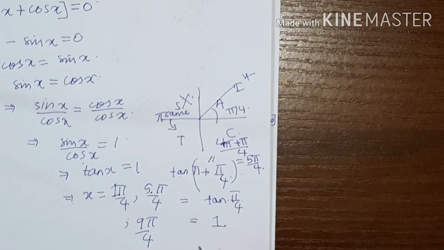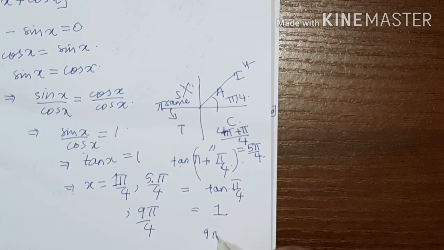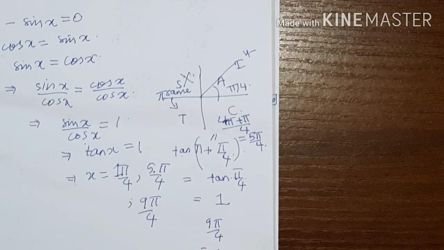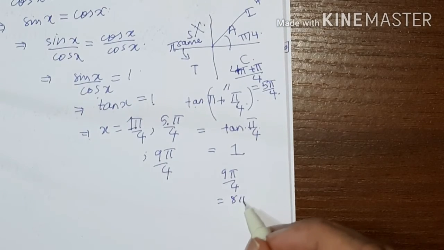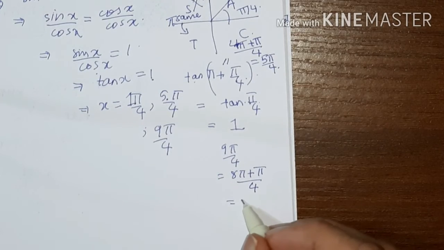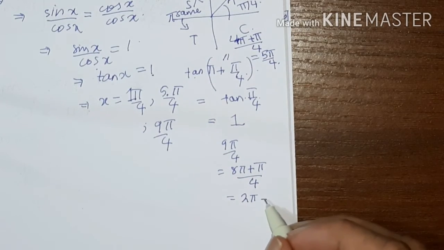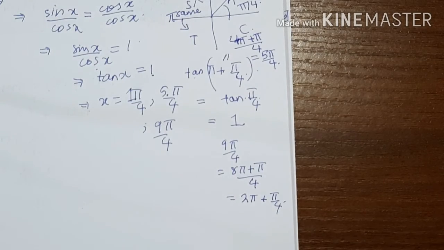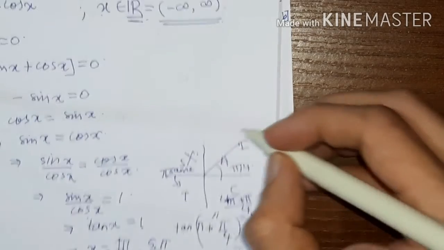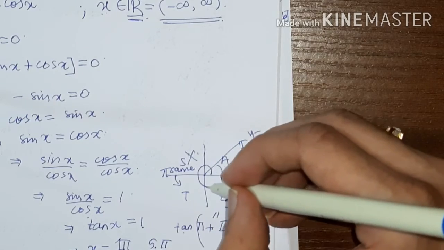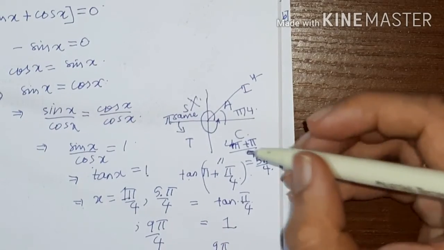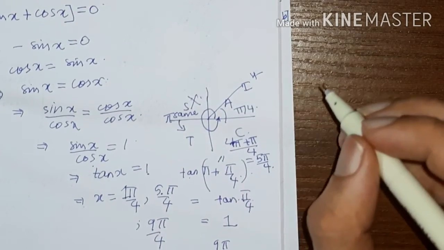In the first quadrant. Why? Because 9 pi by 4 we can write as 8 pi plus pi divided by 4, which is nothing but 2 pi, if you separate the numerator, plus pi by 4. So you see that 2 pi is a full complete revolution, and then plus pi by 4.